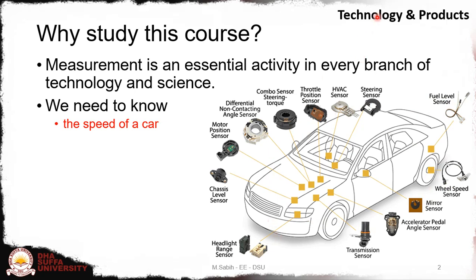One application is technology and products in which sensors or measurement systems play a vital role by providing information either to the driver, or directly to an automatic controller, also called the engine control unit, for example.